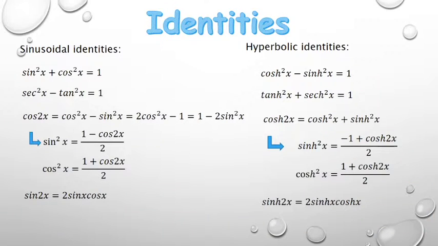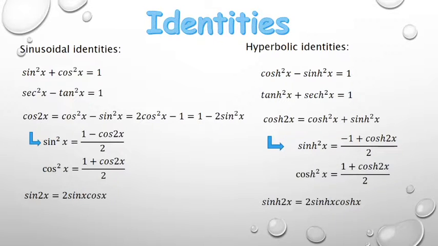The second technique that I am going to discuss here is the trigonometric identities. There are several identities that we need to remember. For sinusoidal identities, we have sine square x plus cosine square x equals 1, secant square x minus tangent square x equals 1, and cosine 2x equals cosine square x minus sine square x.